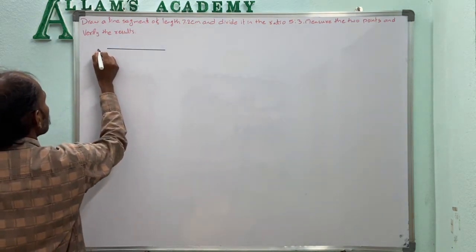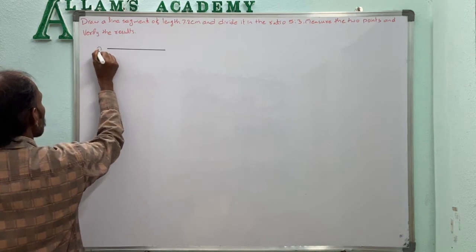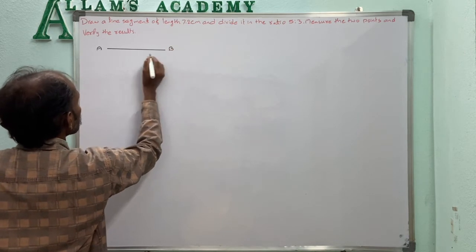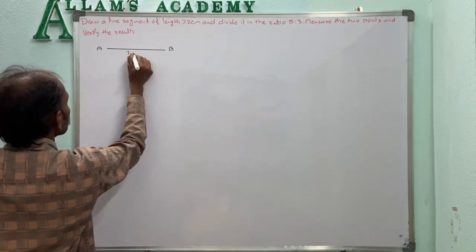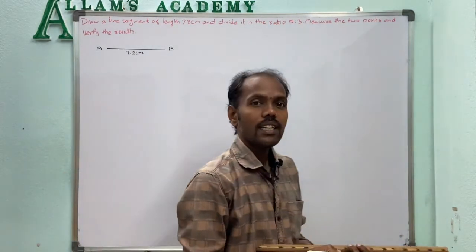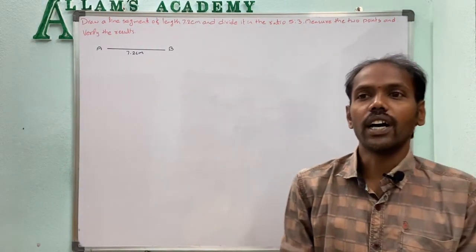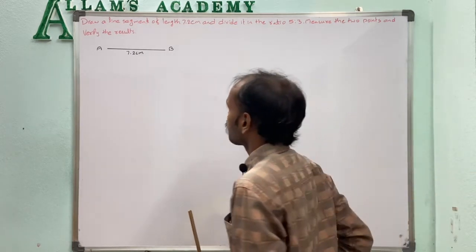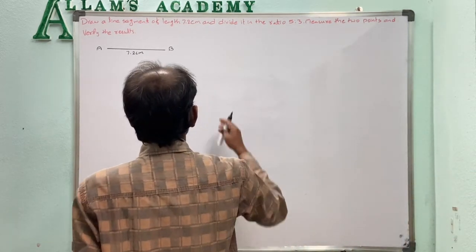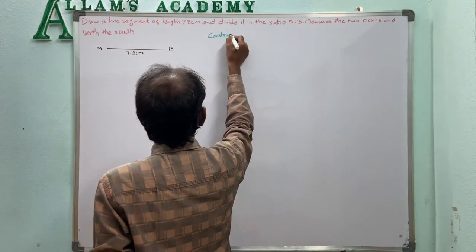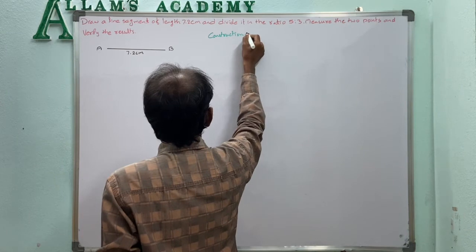So we indicate it as AB with 7.2 centimeters. For drawing these diagrams we have construction steps, and when we do the construction, we write the construction steps.